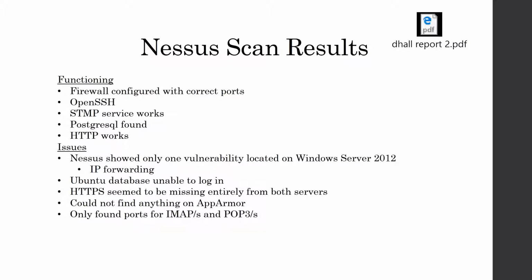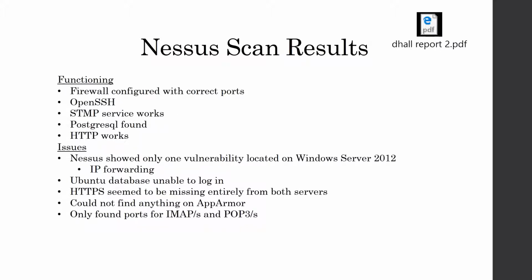SMTP as well is functional, and the database I found to be installed. But if you look below, I stated that the credentials I was given by David were unable to give me more information on the Postgres database. HTTP was found to be working on the correct port.